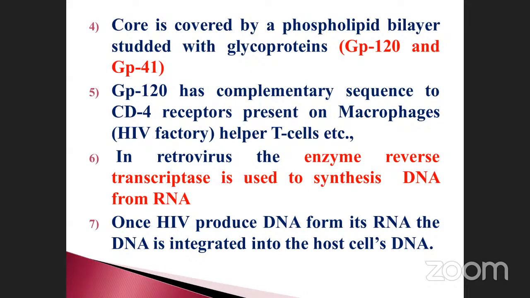The single stranded RNA produces a double stranded DNA molecule in the presence of the reverse transcriptase enzyme. That's why the process is called reverse transcription. Once HIV produces DNA from its RNA, the DNA is integrated into the host cell DNA.